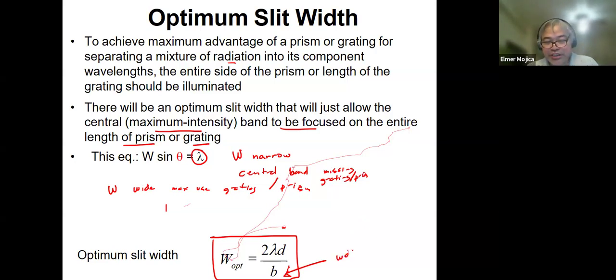So this is just the width of your grating or prism to be illuminated, and the D here is the distance between the slit and the grating or prism. So it cannot be too wide, it cannot be too narrow.